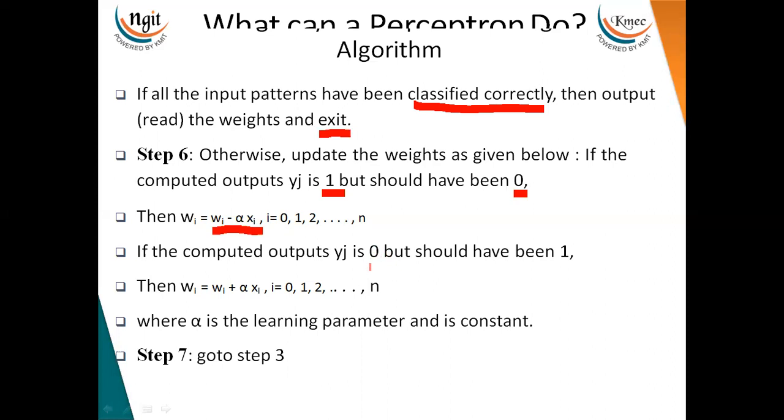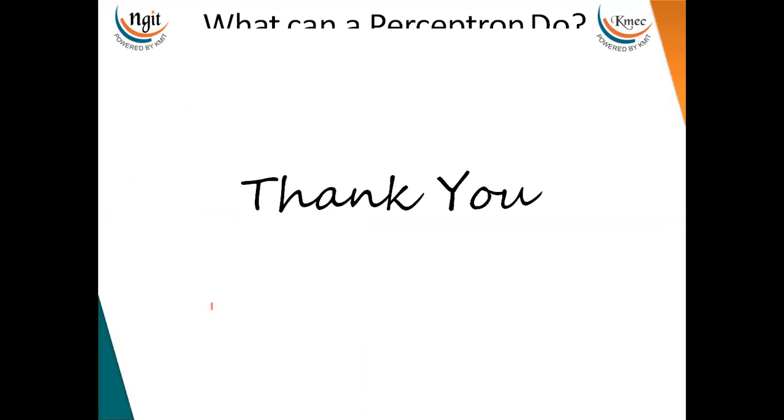But when I am expecting the output 1 and I'm getting 0, means I have to increase from 0 to 1. Then in that case, I will increase the weights. Okay, means instead of minus, I should use plus. So alpha is a learning parameter and that is constant. And then again, the whole process I have to repeat with these new weights. So this is the algorithm for your single layer perceptron.